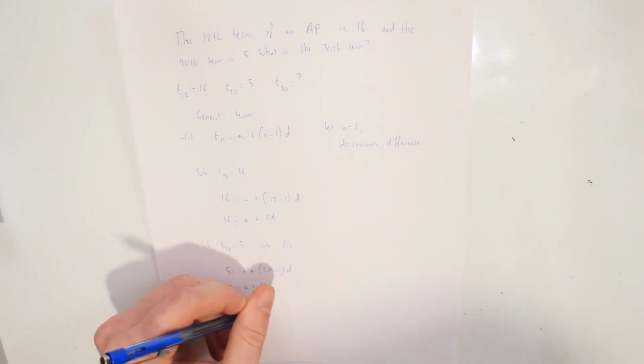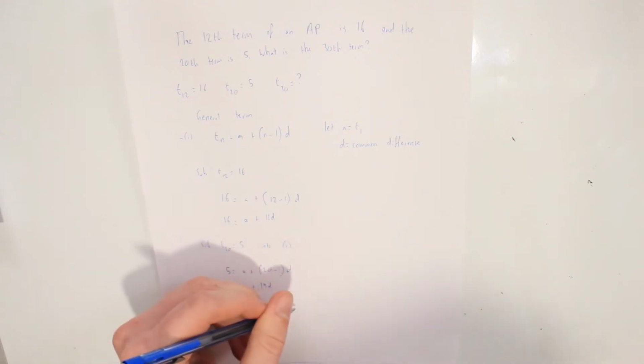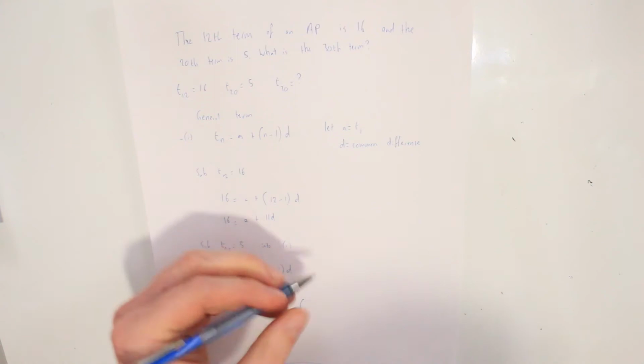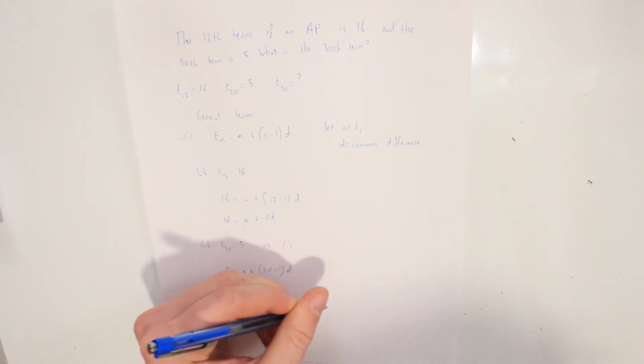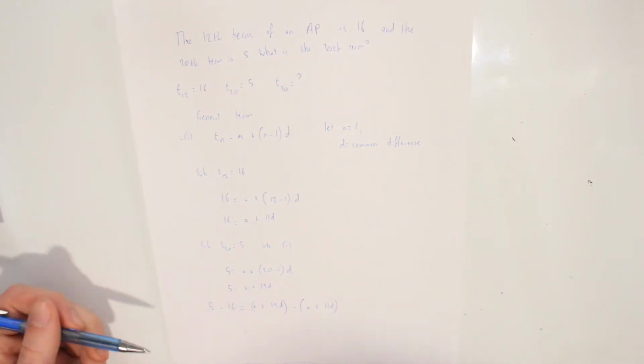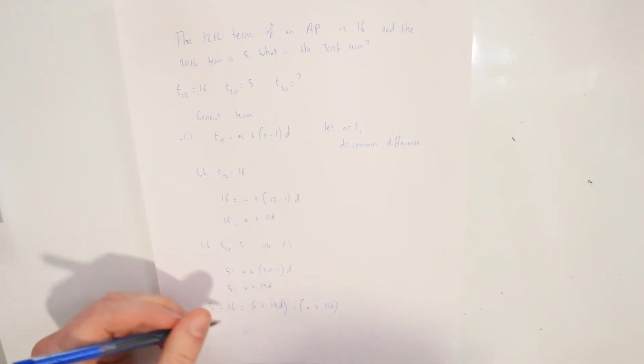A plus 19d minus 16, and our value for 16 is A plus 11d. Well, we can work this out. We know that 5 minus 16 is equal to negative 11.